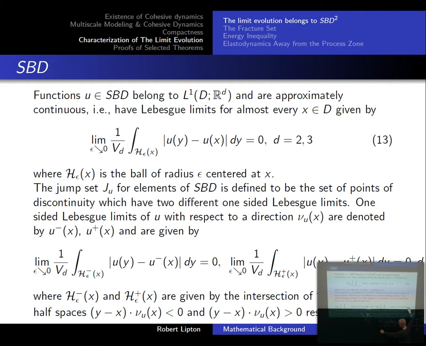So H plus are the limits associated with right here, and H minus are the limits associated right here. These are called the one-sided limits. They are the integrals over the half balls determined by the unit normal, giving u plus and u minus. And these are called jumps, with respect to this point x.